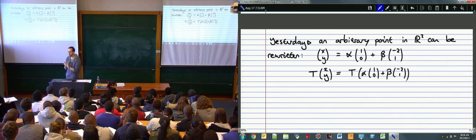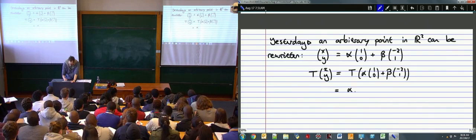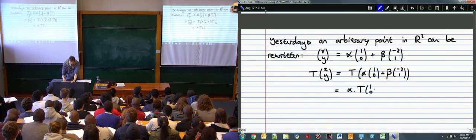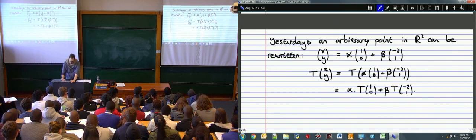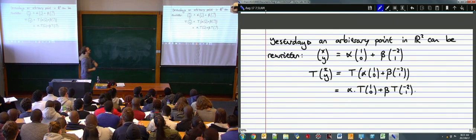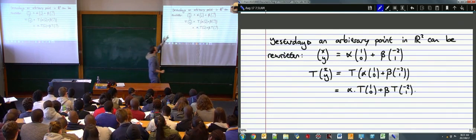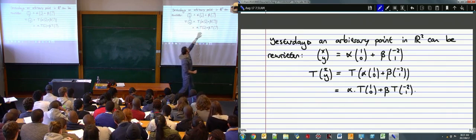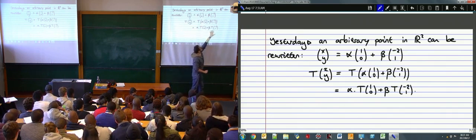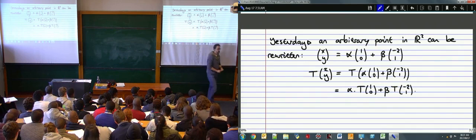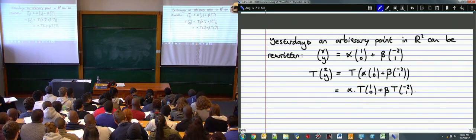And since T is a linear transformation, this is just going to be alpha times the transformation of 1, 0 plus beta times the transformation of minus 2, 1. So the transformation of an arbitrary point xy is determined entirely by the way 1, 0 transforms and the way minus 2, 1 transforms. Okay, so this is actually enough information to solve the problem.